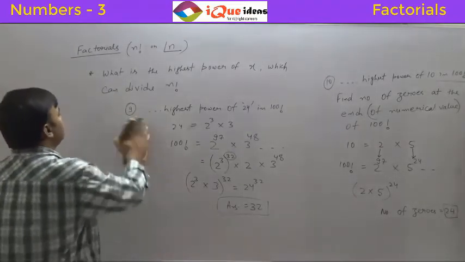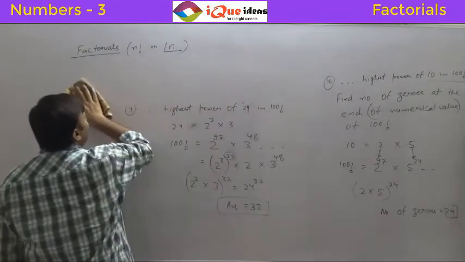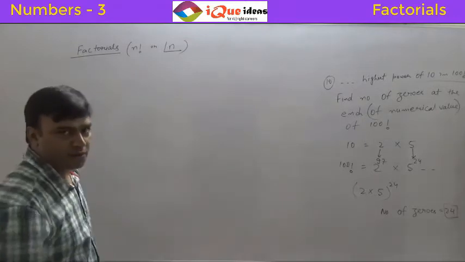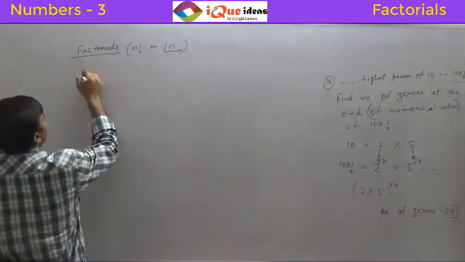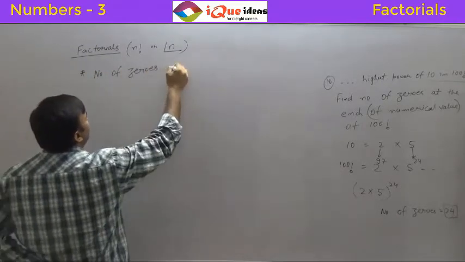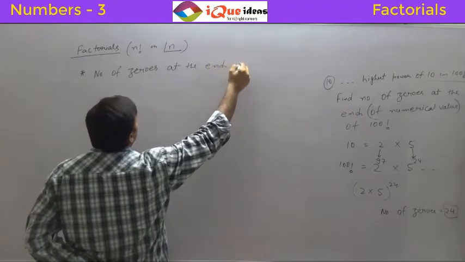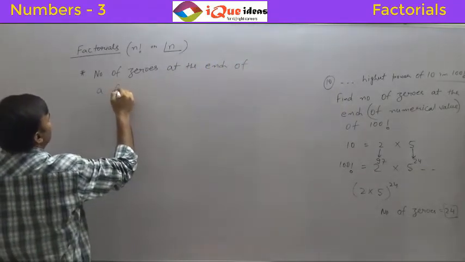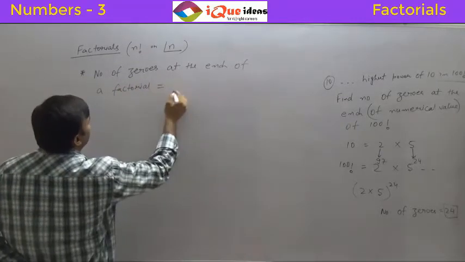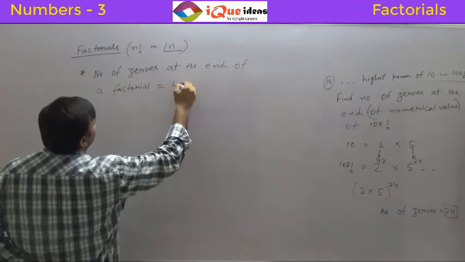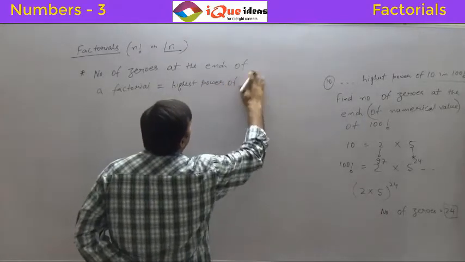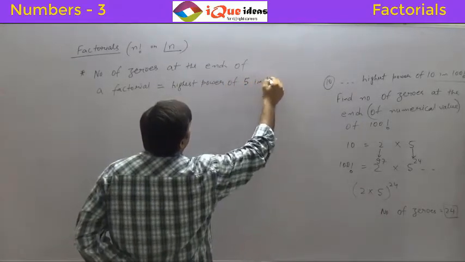Now onwards, you can make one simple rule: in a factorial, to find the number of zeros, you just find the power of 5 in that factorial. I'll put a note here. The number of zeros at the end of a factorial is equal to simply the highest power of 5 in that factorial.